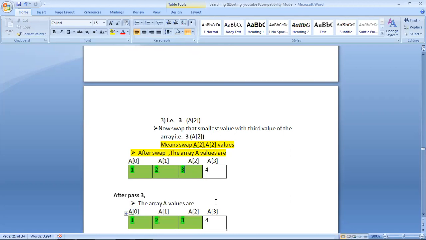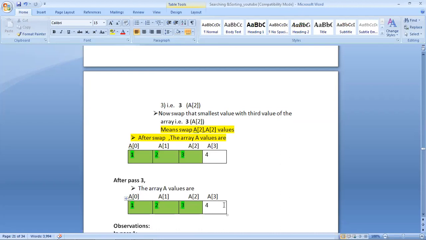Similarly, in the third pass, the third biggest value should be swapped with the third value of the array to arrange the array values in descending order. So instead of the smallest value, we have to find the biggest value for sorting in descending order. For ascending order, we have to find the smallest value with respect to the pass.